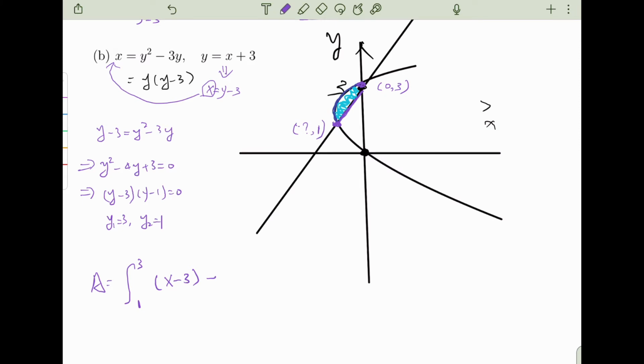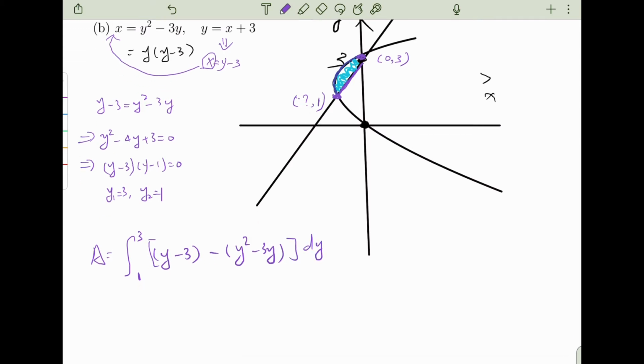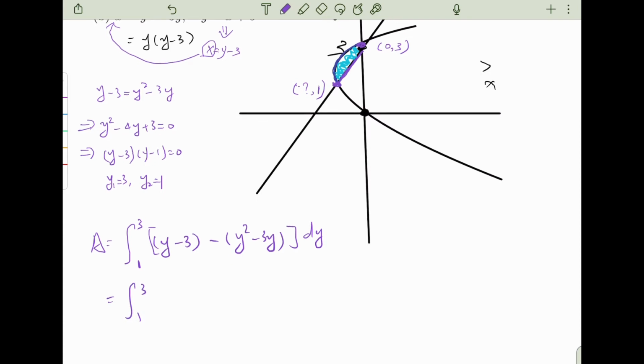In terms of y, this x is equal to y minus 3, so it should be y minus 3 minus y squared minus 3y dy. That gives us the integral of 4y minus 3 minus y squared dy.